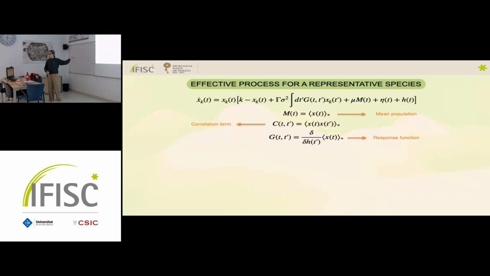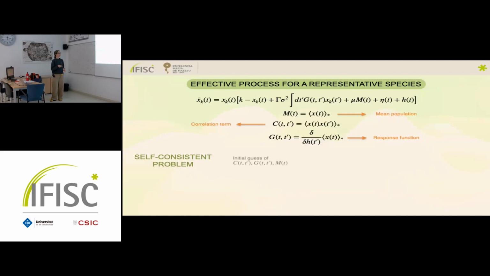So going back to our process, at this point you may think, okay, but you didn't really reduce the complexity. This is still a complex equation. But what can we do now? We can see that this is a self-consistent equation. Why? Because x of t is defined through g, m, and eta, and m, c, and g are defined through x of t. So we can solve this problem.